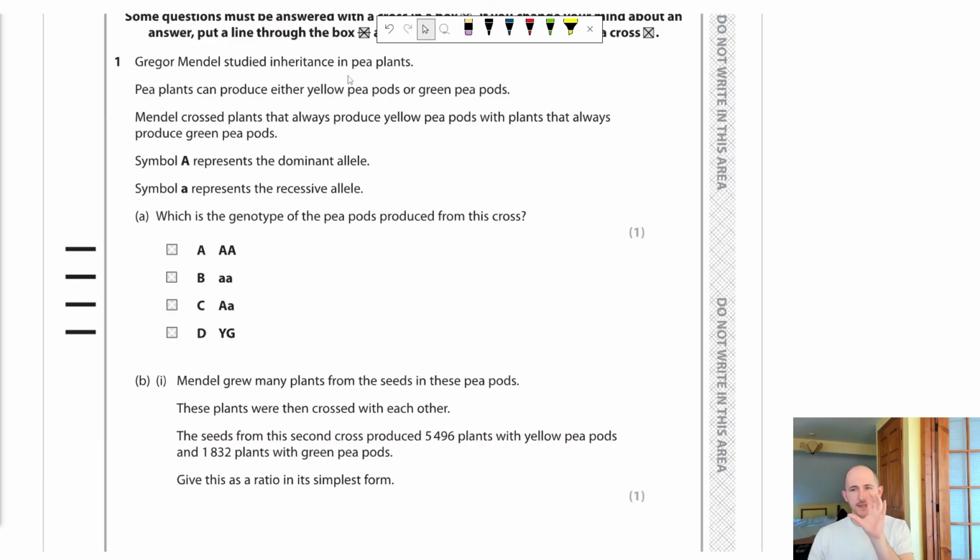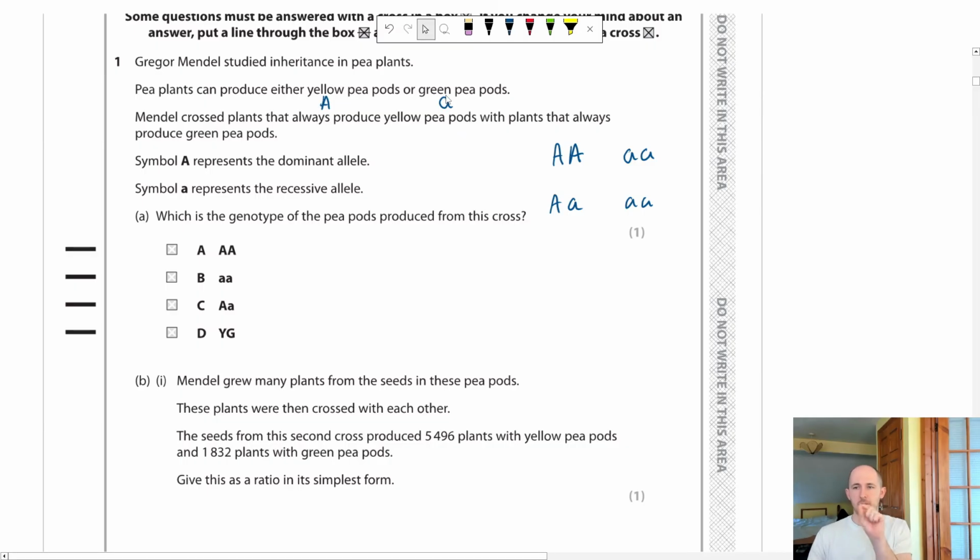Well, the yellow or green, one of them is going to be dominant and one of them is going to be recessive. So we don't know what that's going to be, right? But the idea is the parents are either going to be both dominant and both recessive, or one dominant and both recessive. The reason for this is, let's say, hypothetically, being green is recessive and being yellow is dominant.